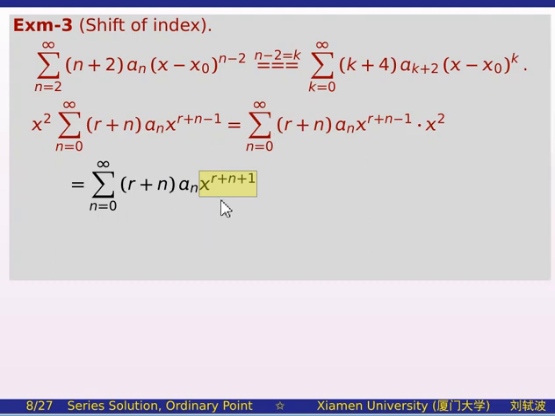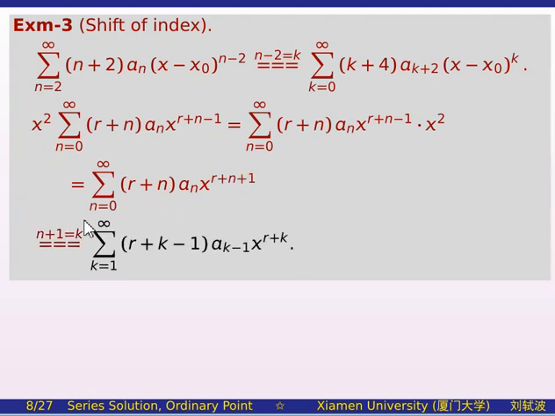Now we want to change the index here. So let n plus 1 be k. Then n is k minus 1. So the coefficient r plus n becomes r plus k minus 1, and the an is a_(k minus 1).